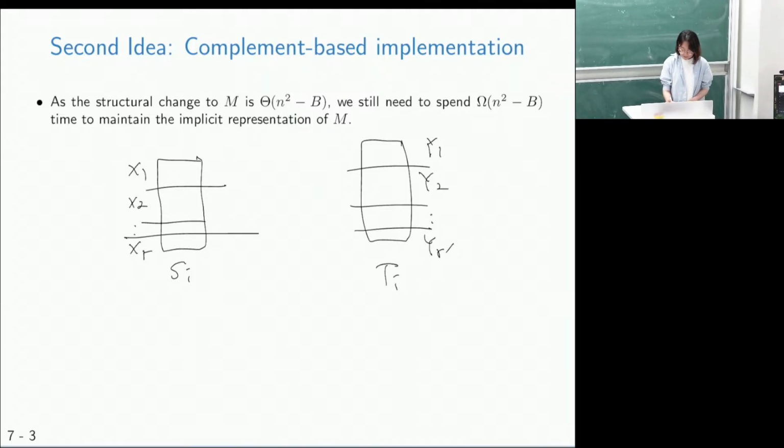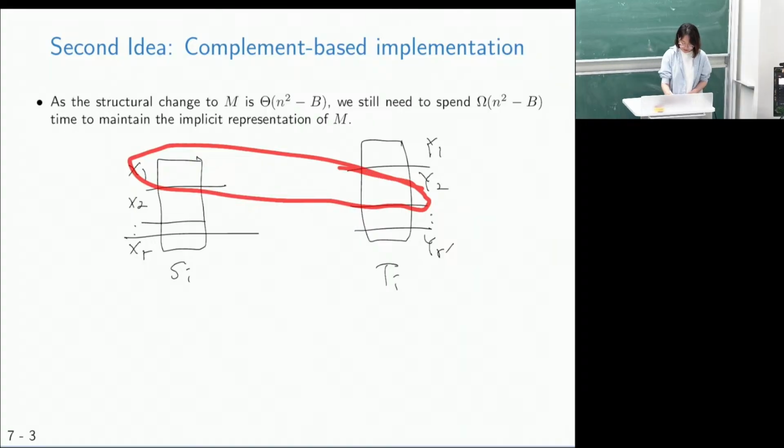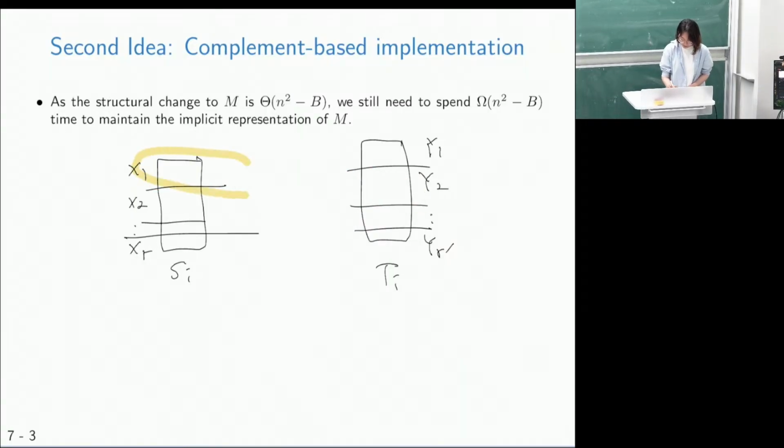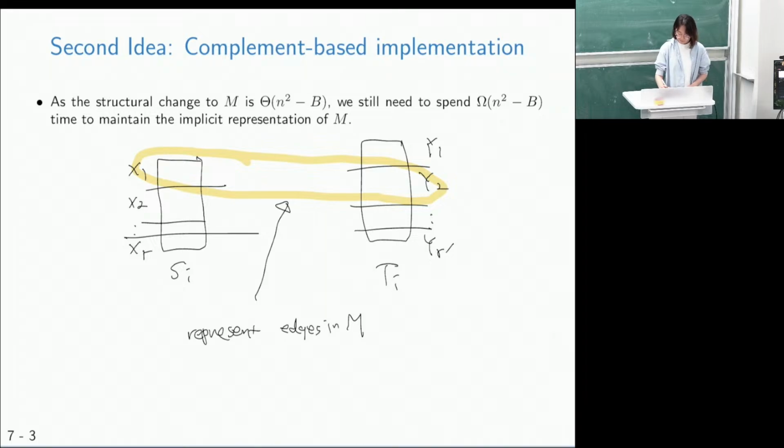And for one subset pair, we represent edges in M between Xi and Yj, using storing M explicitly.